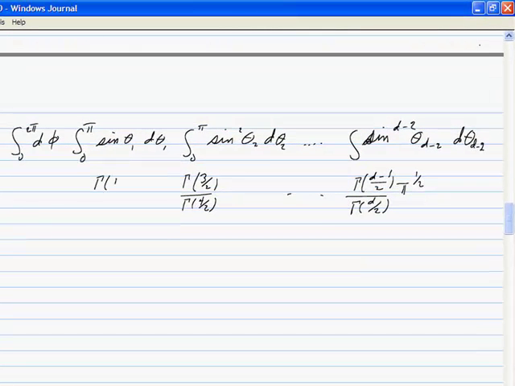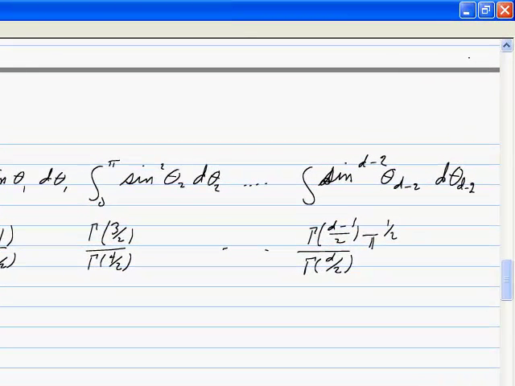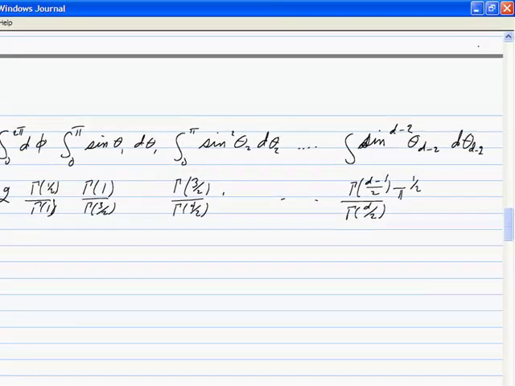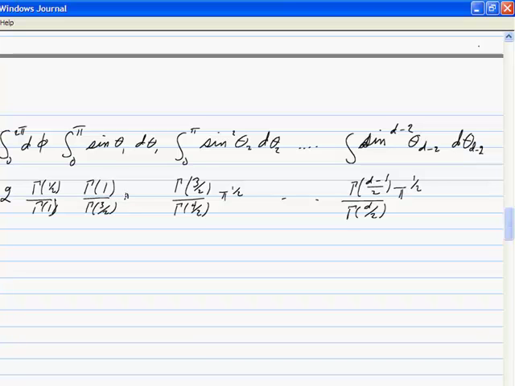D minus 1 is 2, so gamma of 1 over gamma of 3/2. This guy is then gamma of 1/2 over gamma of 1, except there's a factor of 2 out in front, because the last integral runs up to 2 pi. And these all have pi to the 1/2.